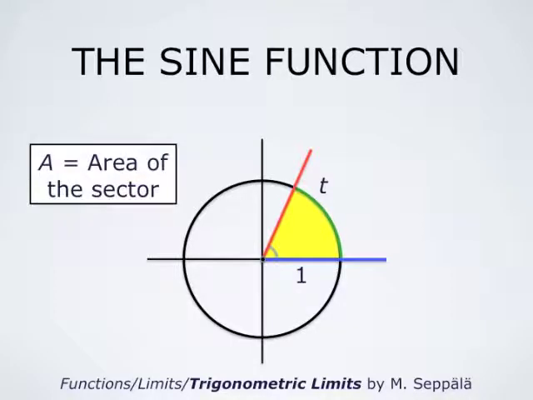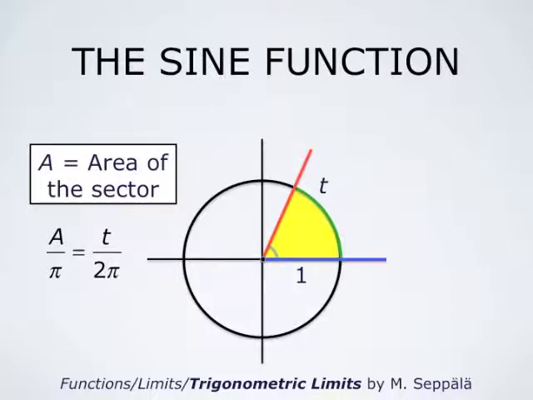So if A is the area of this sector, then the ratio of A to the area of the full disk is the same as the ratio of the angle t to the full angle. And this means that A divided by pi is t divided by 2 pi. The pi in the denominator of A is the area of the unit disk.